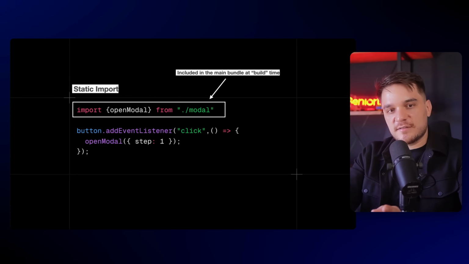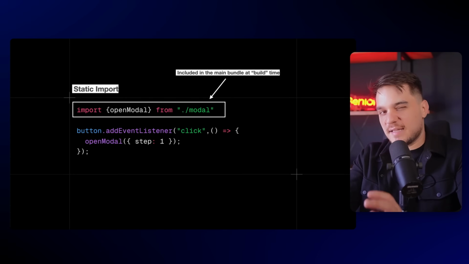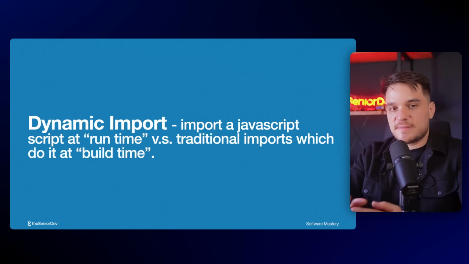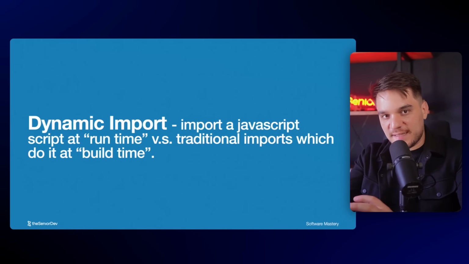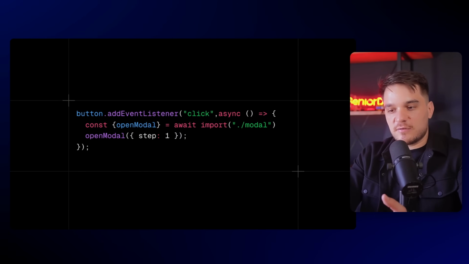The strategy for us to make loading more efficient is to move all those things that are not needed to when they are needed. Basically, we import a JavaScript script at runtime. Just after the user did something, we go and fetch that document and we execute it, versus a traditional static import that was done when we build the app. And that's how it looks in the code.